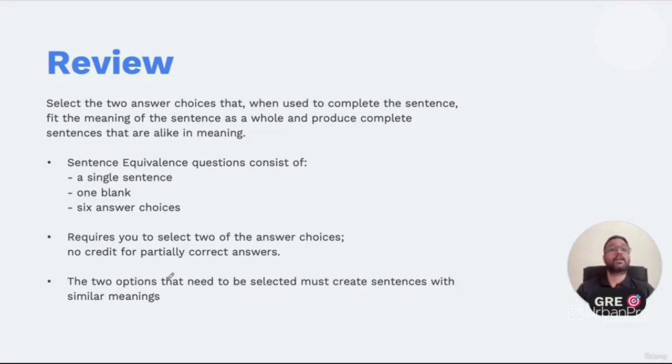So words that may not be dictionary synonyms may actually become synonyms in context of that blank. And that is what sentence equivalence tests. And of course, we will dive more into how to identify and solve this when we get to the sentence equivalence module of our verbal course.